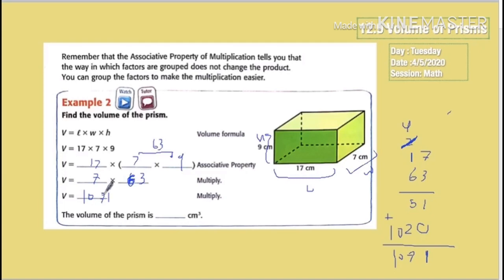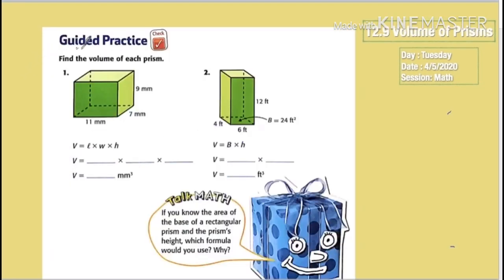And the unit of that volume will be centimeters cubed, or you can say 1071 cubic centimeters. So the volume of the prism is 1071 centimeters cubed.